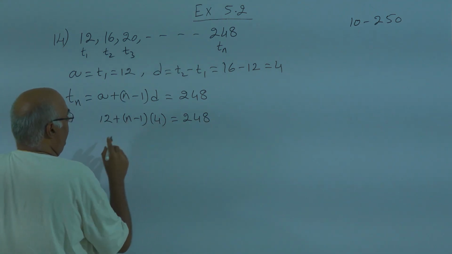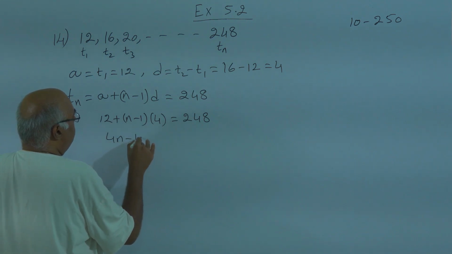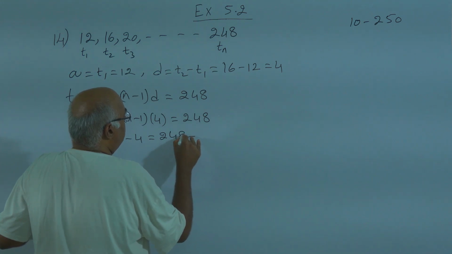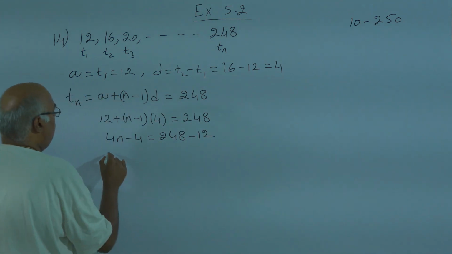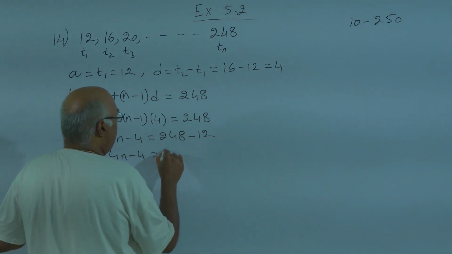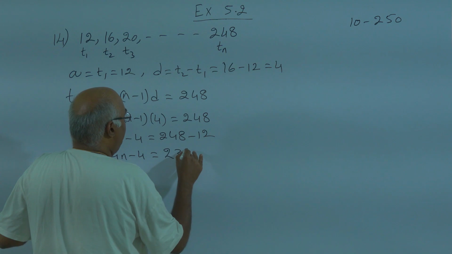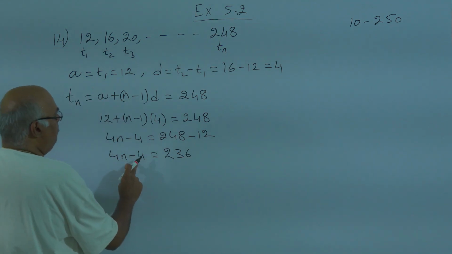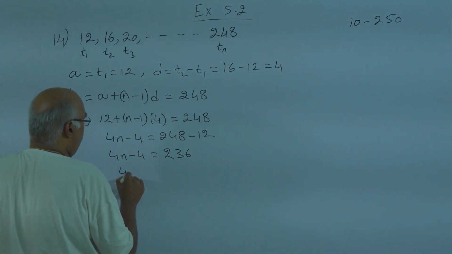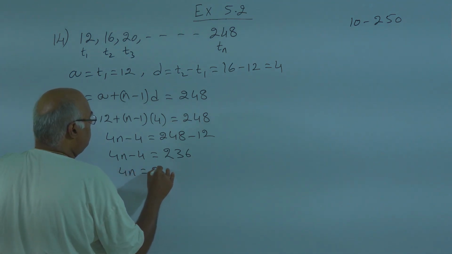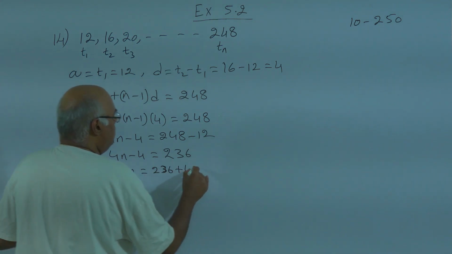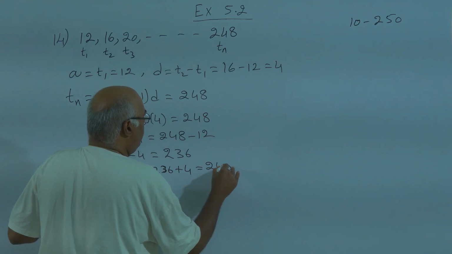So I will open the brackets. 4n minus 4 is equal to 248 minus 12, which is 236. If I take this minus 4 to the other side, it will become plus 4. So 4n is equal to 236 plus 4, which is 240.